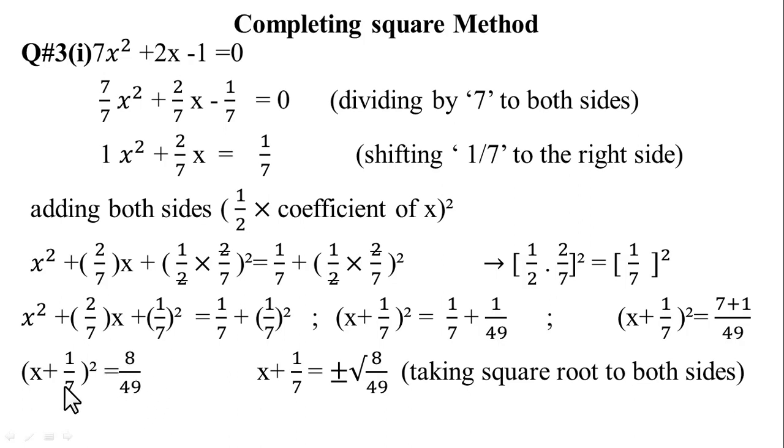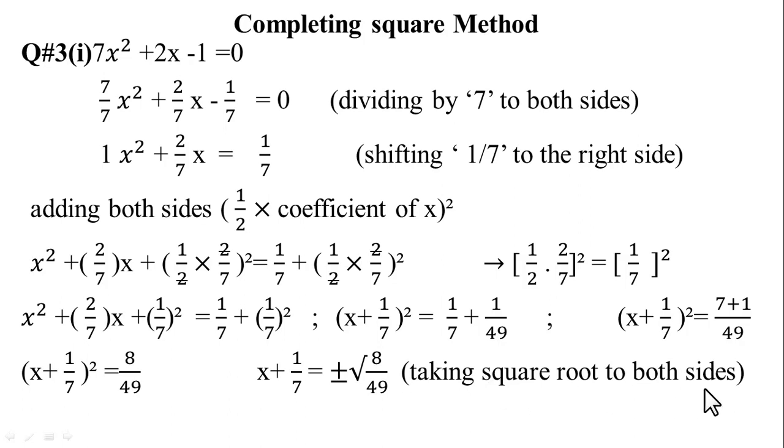Taking the square root on both sides, the square and square root cancel each other. So this implies that x plus 1 upon 7 is equal to plus minus square root of 8 upon 49.